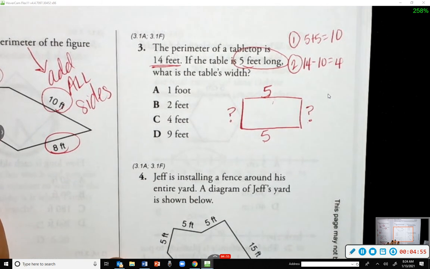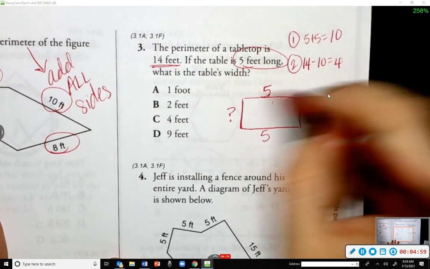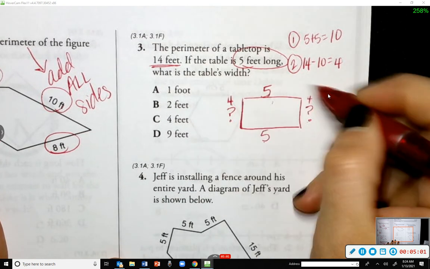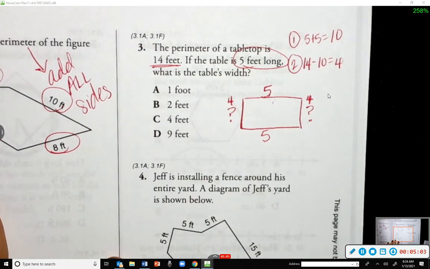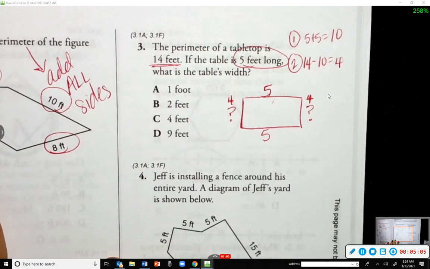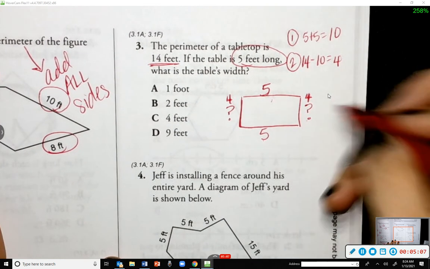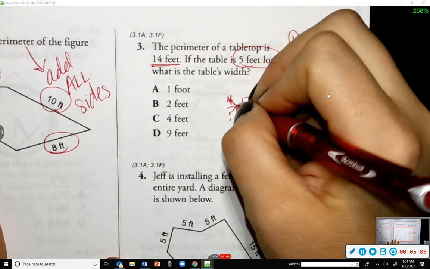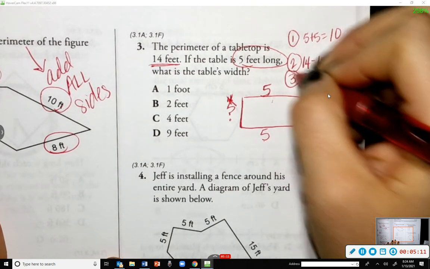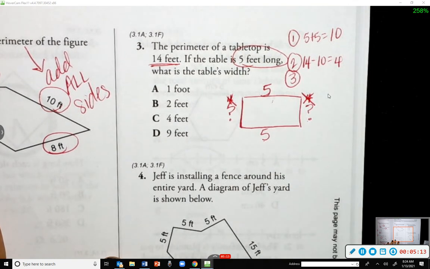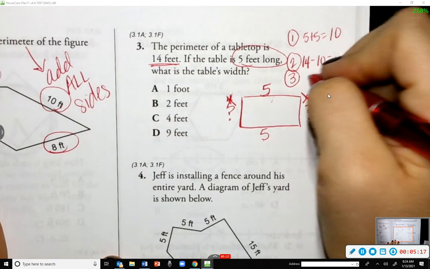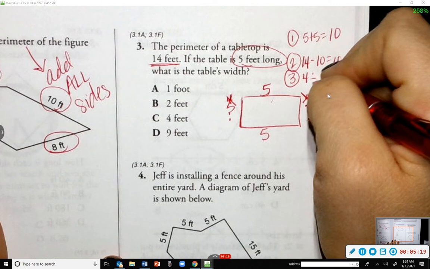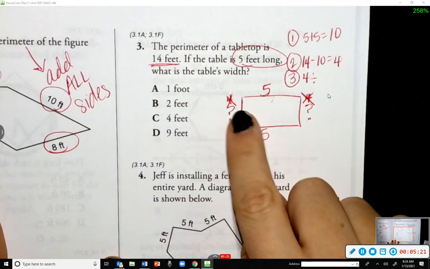Oh, but I have one more step because it's not just 4 on both of these, because that wouldn't equal 14, that would equal 18. So it can't be 4. What do I have to do? One last step. Bryson, you remember? You have to divide. I have to split it in half because I'm doing it with 2 sides.